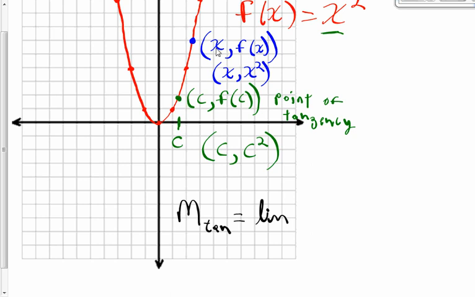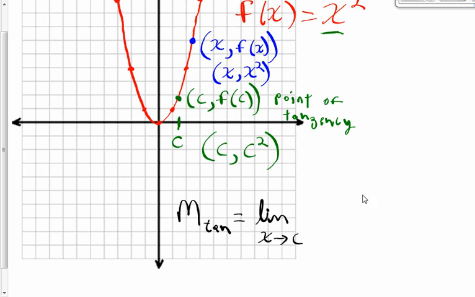So I'm going to let the x value of the blue point, which is just x, approach the x value of the green point, which is C. As this x value gets closer to this x value, these two points get closer and closer together.